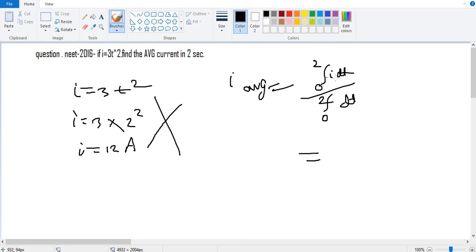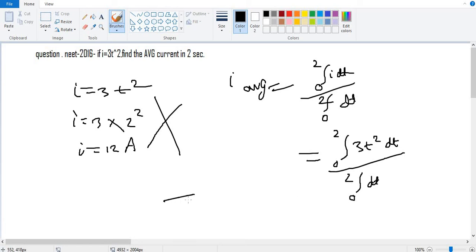Now we have to put the value of I, which is 3t squared dt, integrated from 0 to 2. And below, it is integration of dt, also from 0 to 2.